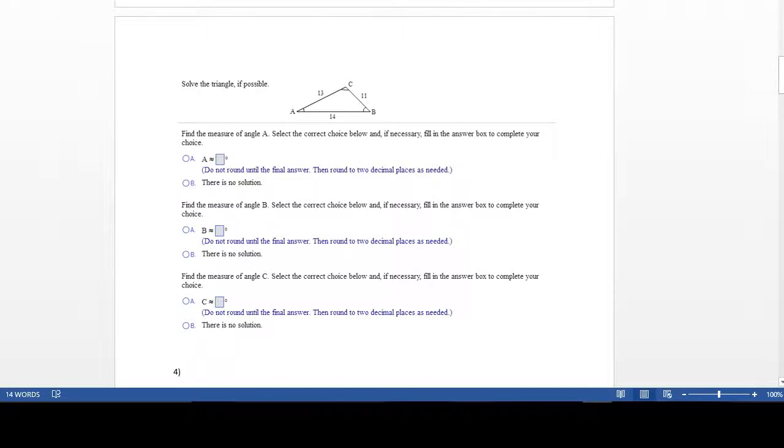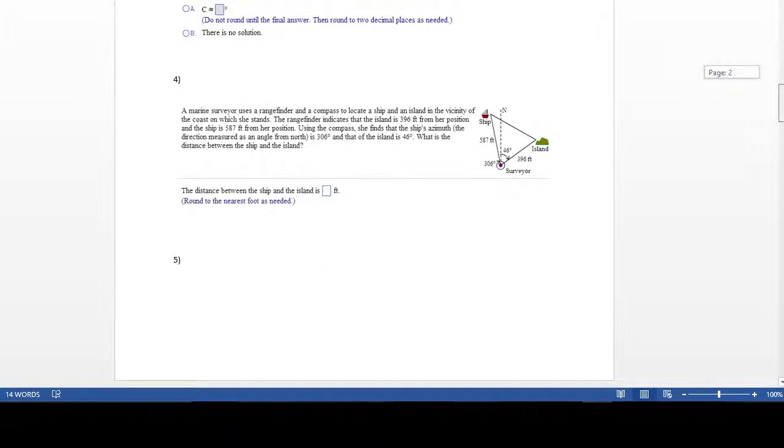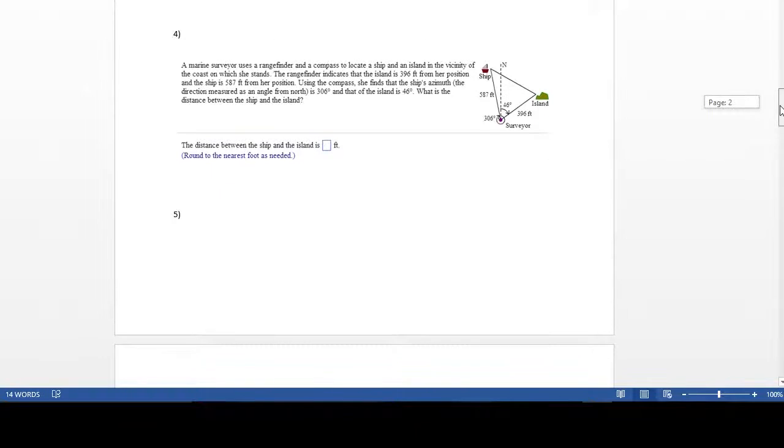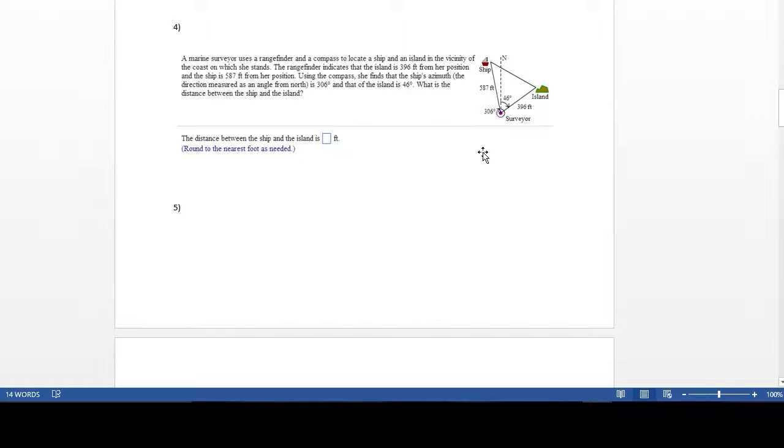All right, what's next on our list? Oh, here's another one of those questions. In this question, what do you actually have? What did they give you for question number 4? They gave two sides and an angle.